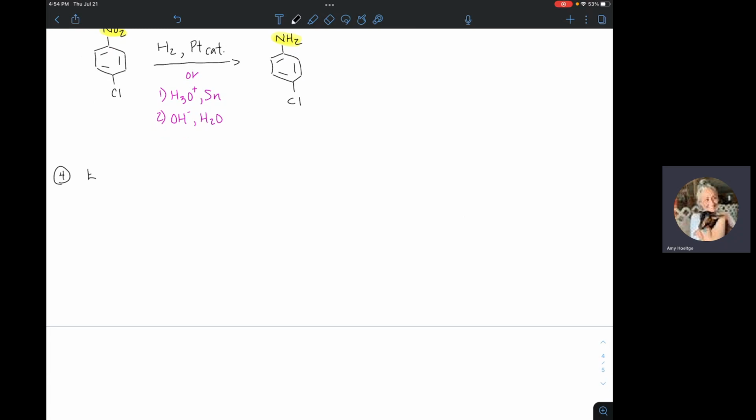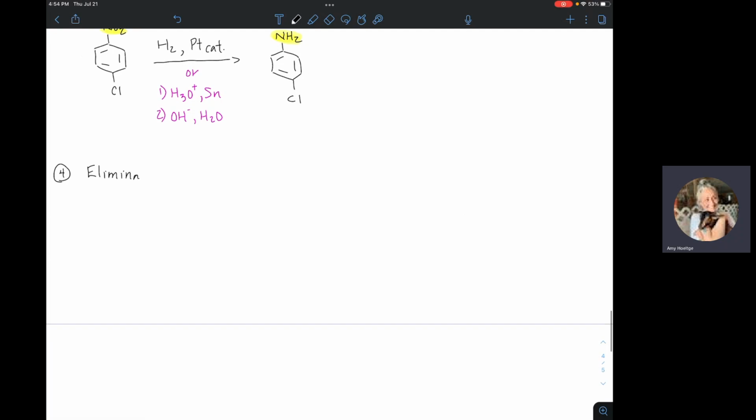So we could do an elimination of an ammonium salt. And we need alkyl groups on this nitrogen, not just hydrogens, right? To form a terminal alkene.